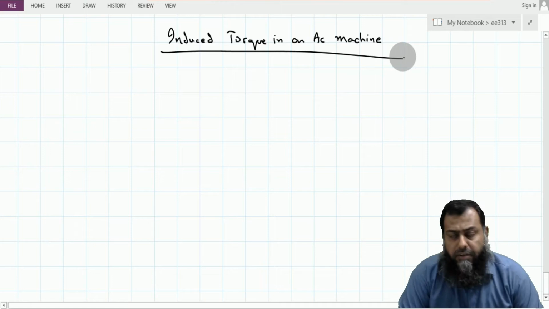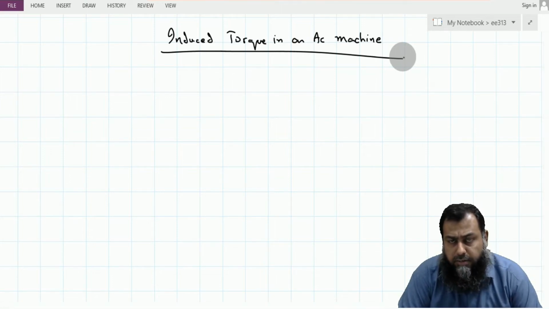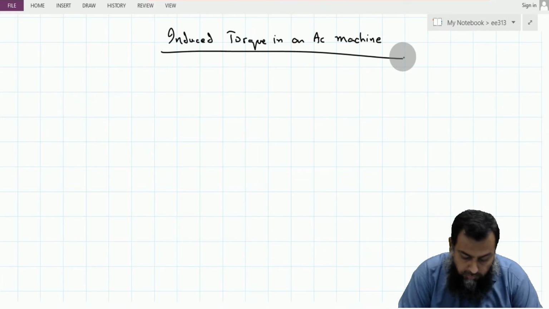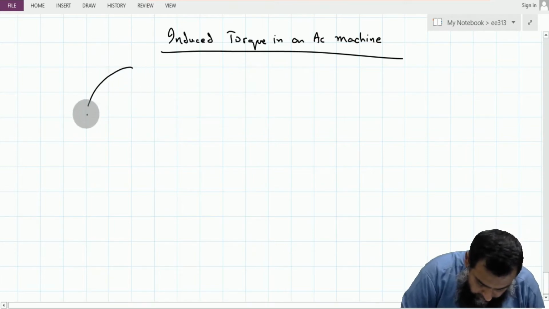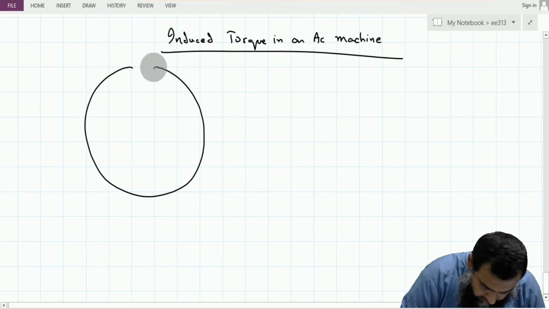Now, before we begin with the torque speed characteristics of an induction motor, let's have a quick recap and a quick refresher of the induced torque in a given AC machine. So suppose that we have a stator.